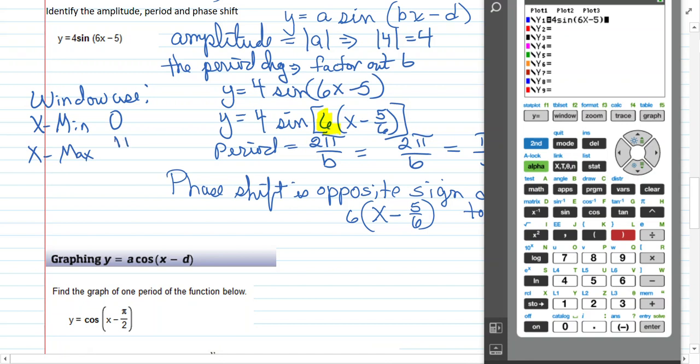Actually, we need more than that. Let's do pi thirds, and we're moving 5, 6. So let's do pi halves.